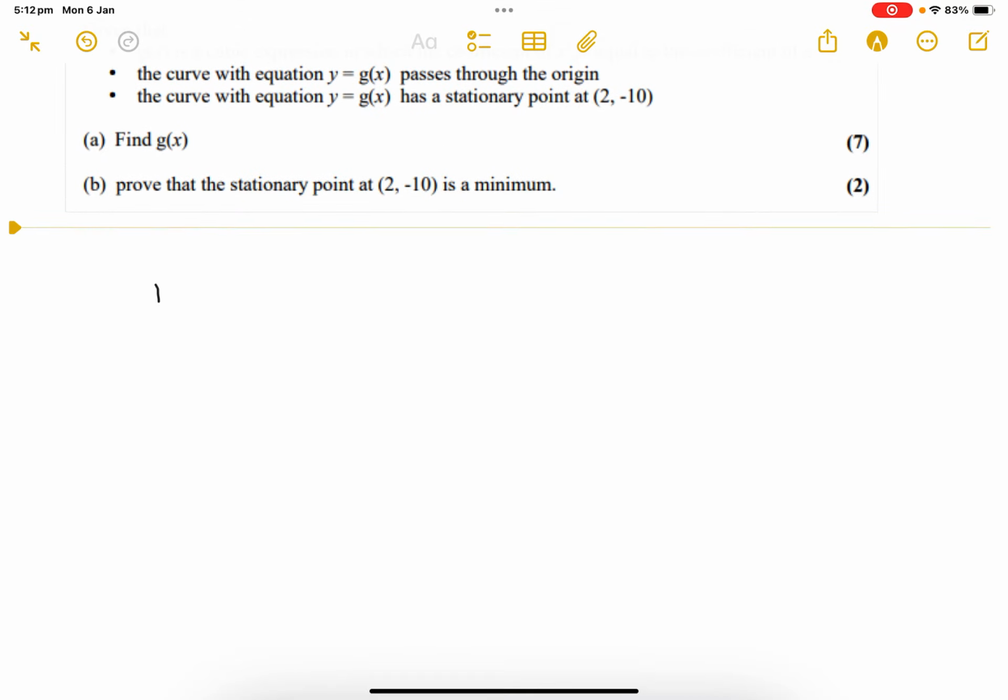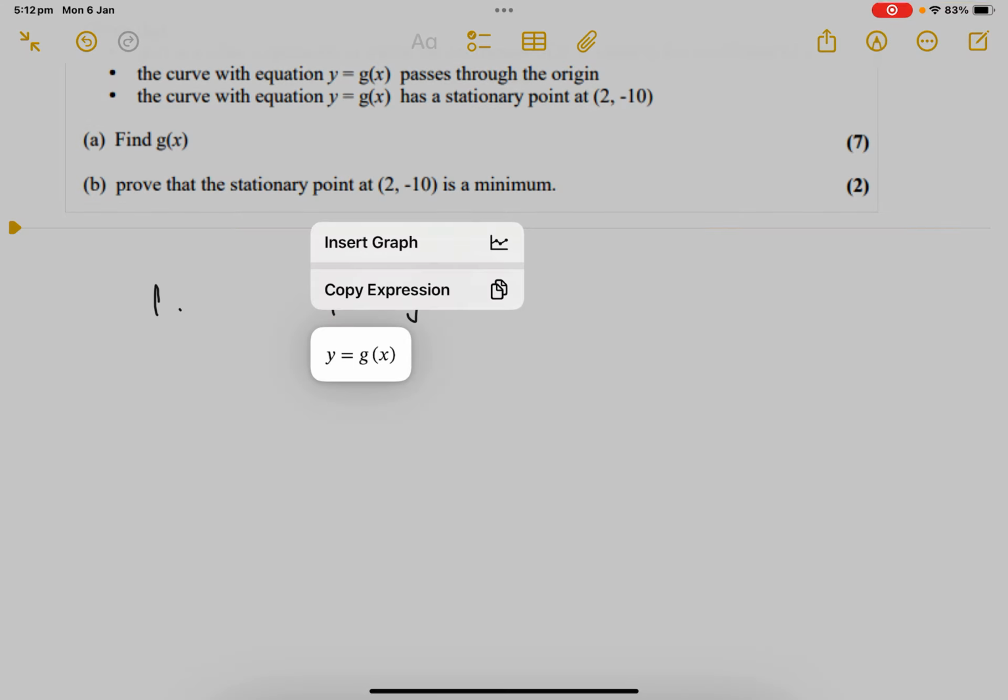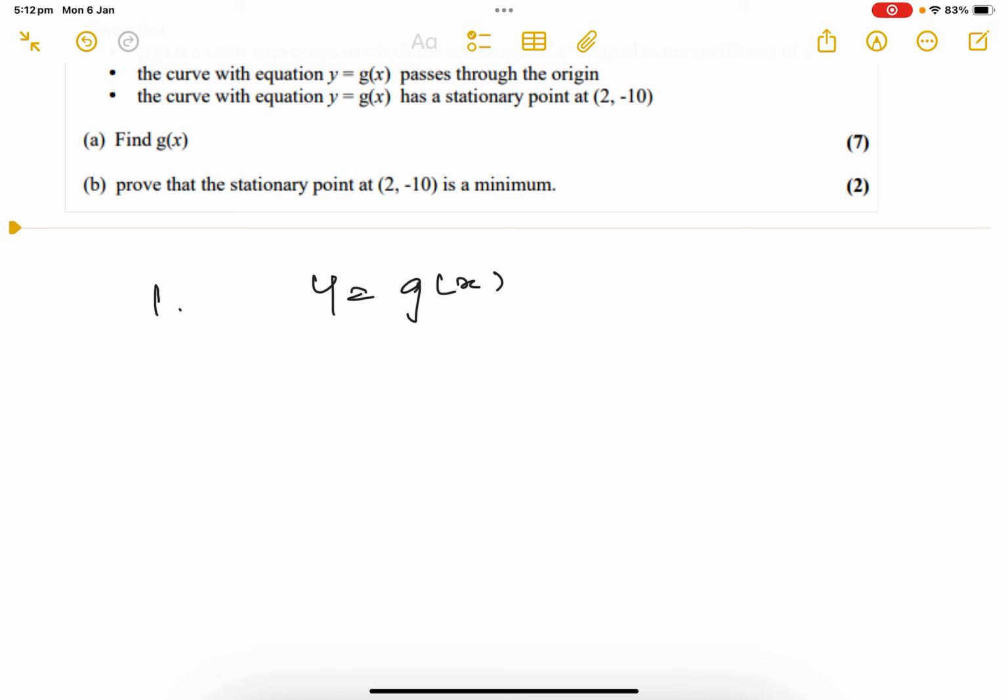So question 1, y equals g(x). g(x) is a cubic function.